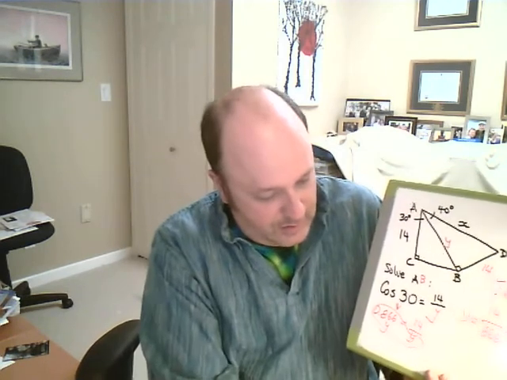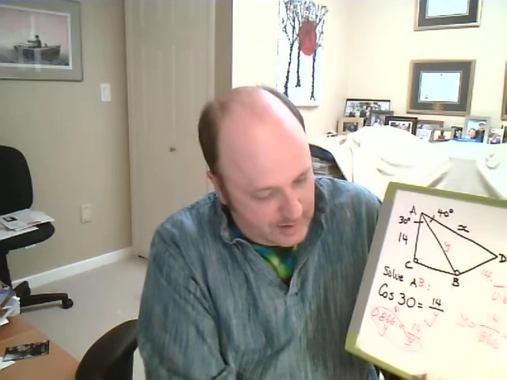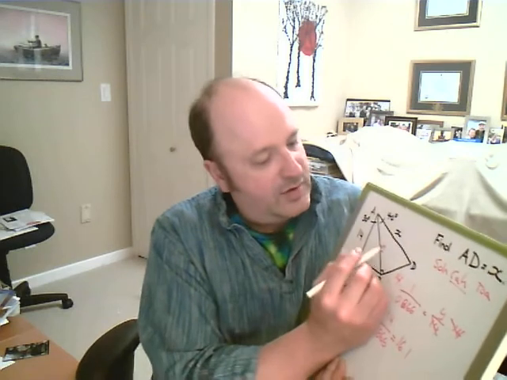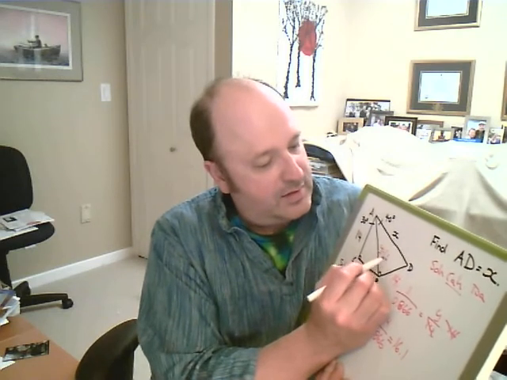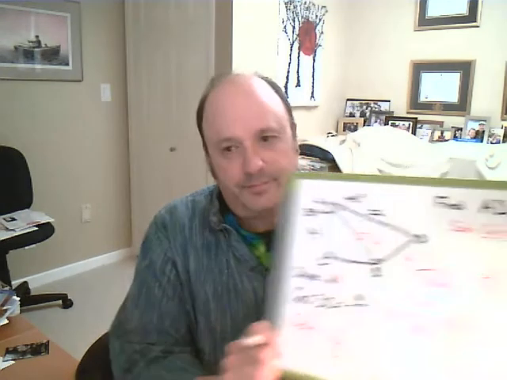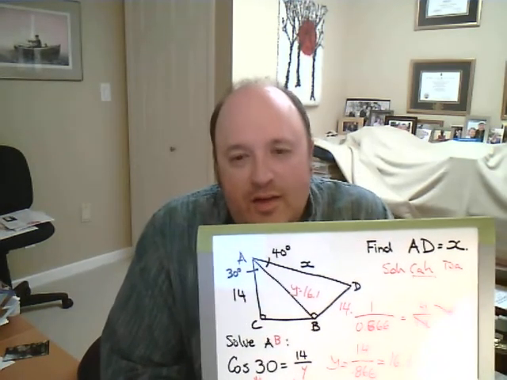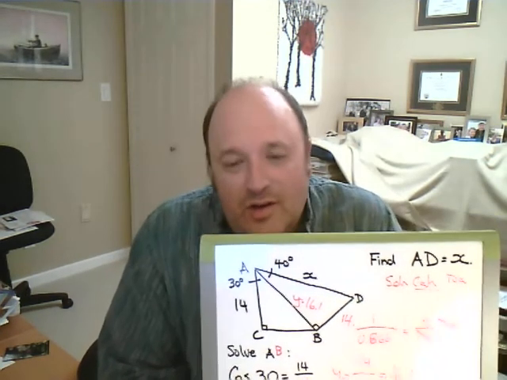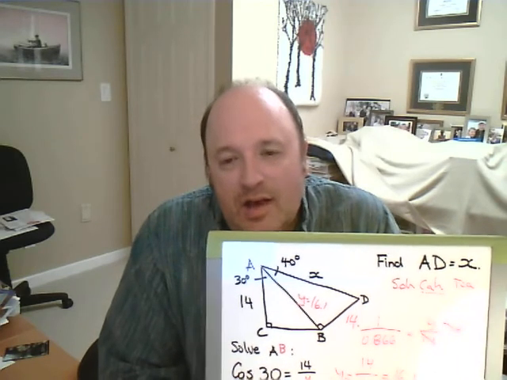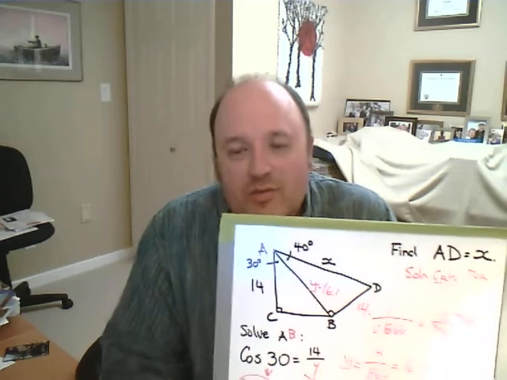So 14 divided by 0.866 is 16.1. But that's not our final answer. This is 16.1. And I got to use that value again in the next triangle, right triangle ABD, and I got to use that to calculate x. So let's go forward and do that.